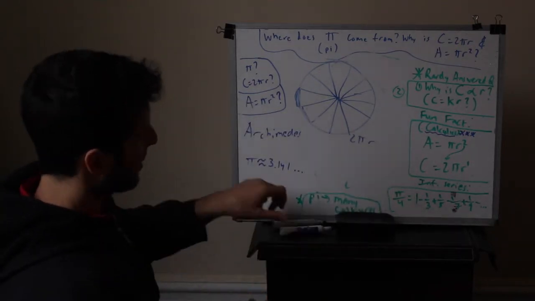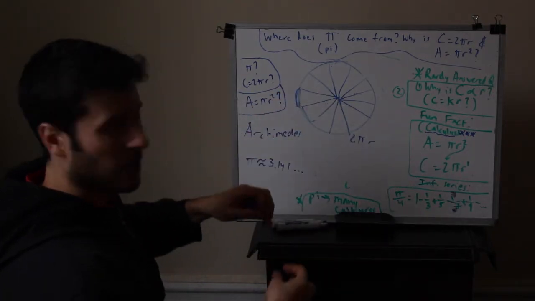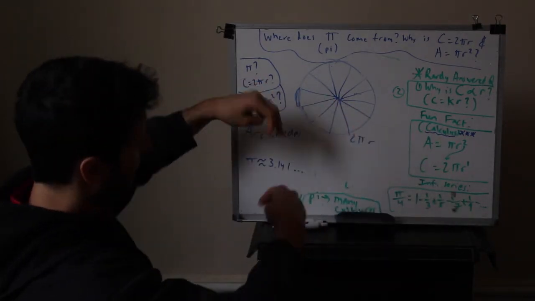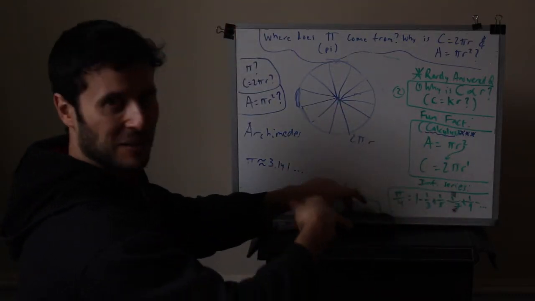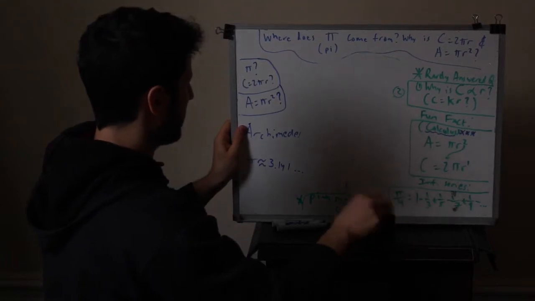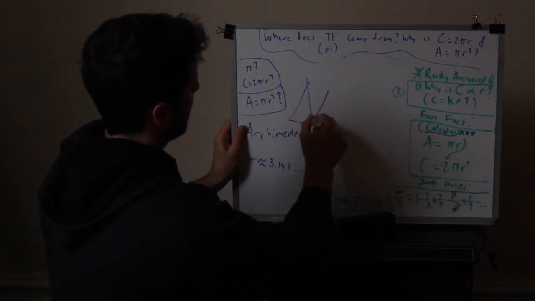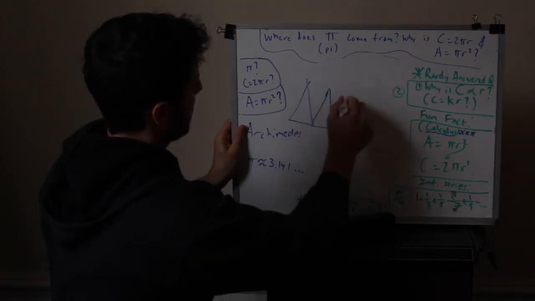So here's the next part. All of these are basically little triangles, and now we're going to peel it open, like an orange or a snail or whatever you want to think of it as. We're going to peel it open, and it's going to look like this.